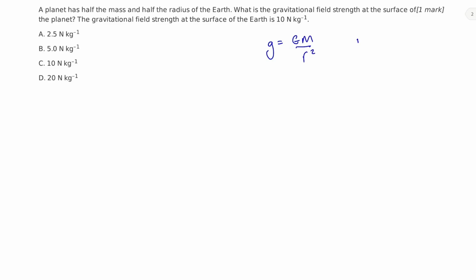The second planet has mass M2, which is half of the mass of the Earth, and radius R2, which is half of the radius of the Earth. So let's plug this in. g is equal to G times half the mass over half r squared.